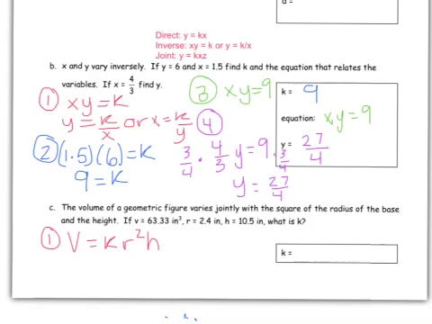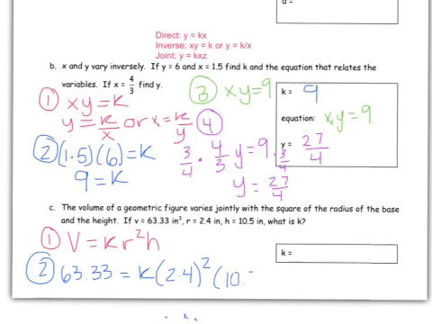Now they say if V equals 63.33 and R is 2.4 and H is 10.5, what is K? So all I have to do is plug in 63.33 equals K times 2.4 squared times 10.5. Use your calculator. When you do 2.4 squared times 10.5, you should get about 60.48.